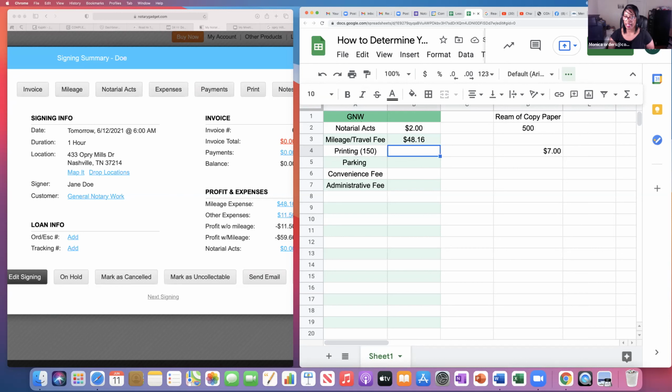So we're going to take the ream of copy paper and figure out a per sheet price. So that's going to be, I'm sorry, I did that wrong. That's $7 divided by 500 sheets.